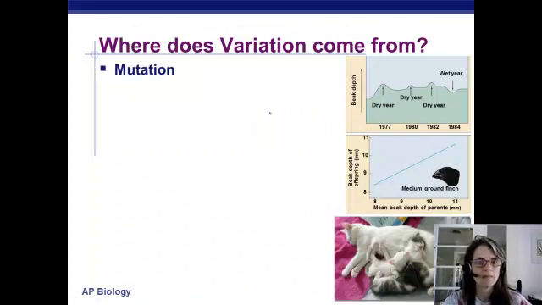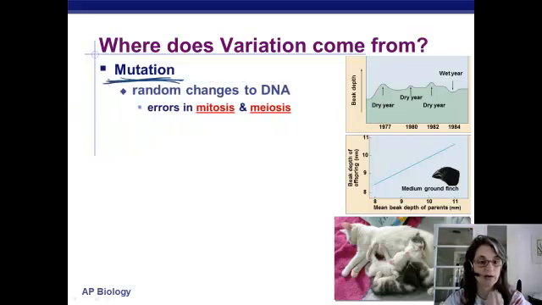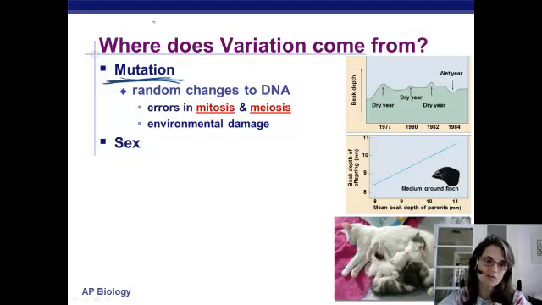Okay? And remember where variation comes from. The root source of any variation is mutational changes, okay? Mutations in the DNA that occur at random. But once we get those mutations, then they can be endlessly shuffled into new combinations. So that's another source of variation.